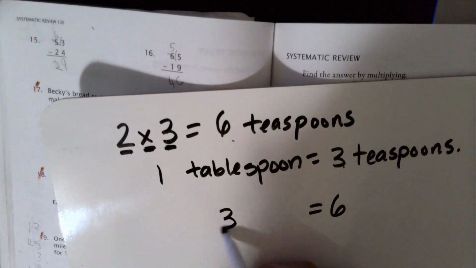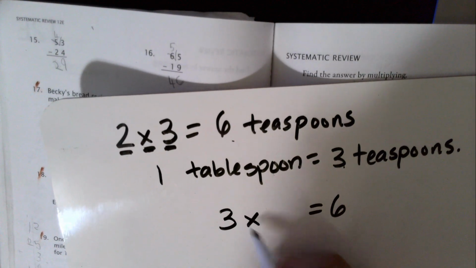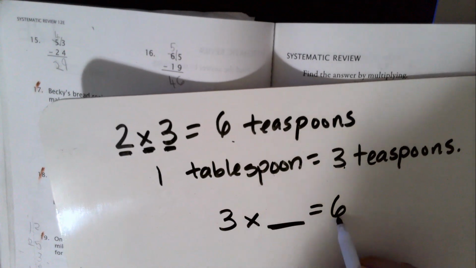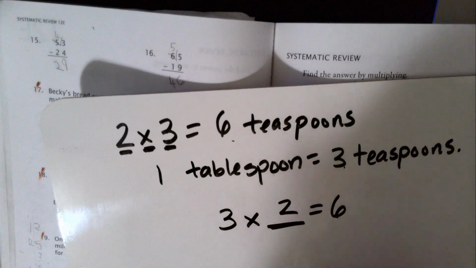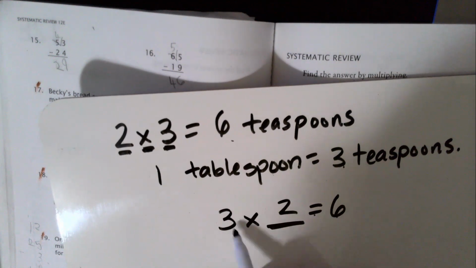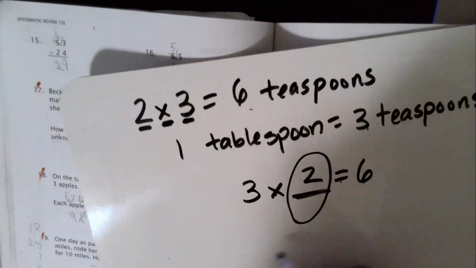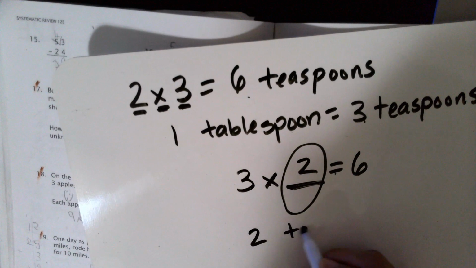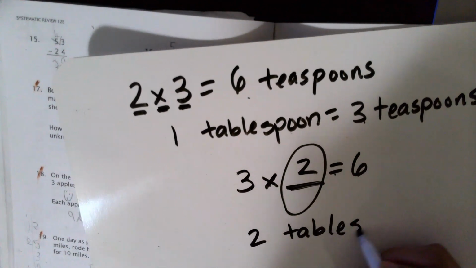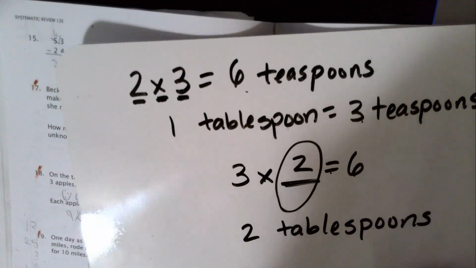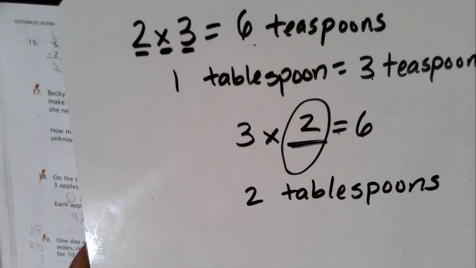So we have our 3 there. So we have 3 times something is going to give us those 6 teaspoons. And that number is 2. So we solve it like this. We have our equals, we have our 3, we have our missing number, and then that's what gives us our 2 tablespoons. Okay, and that's how many tablespoons would be there.